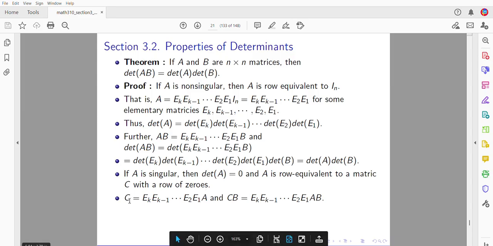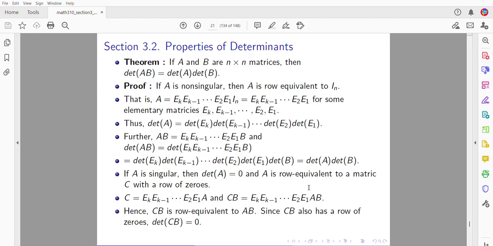On the other hand, C times B, I'll take all of this times B. Notice the A. That's all of this to A. Now, CB is row equivalent to AB. Okay. Now, C has a row of zeros. So, C times B also has a row of zeros.